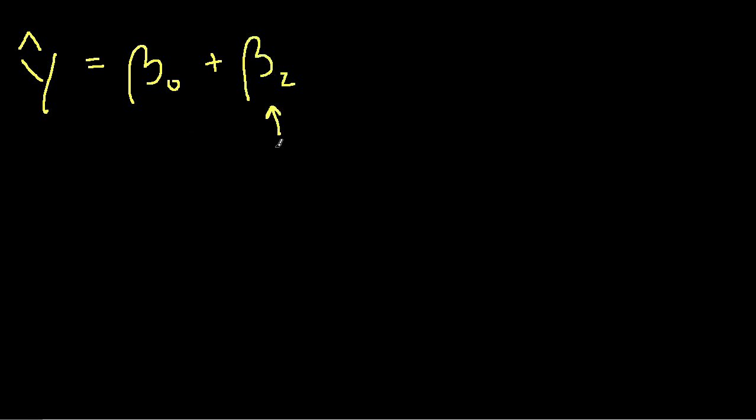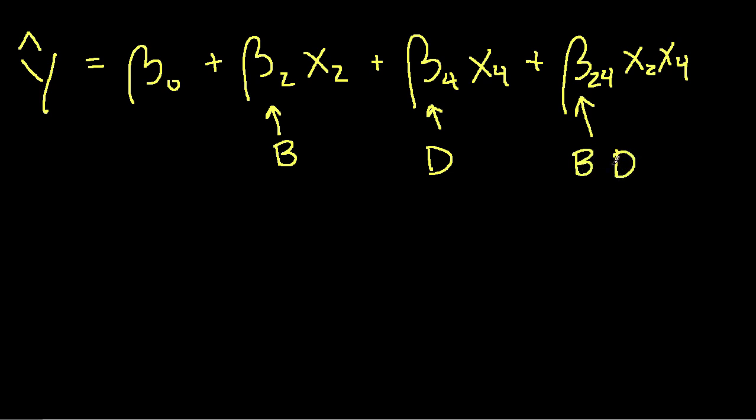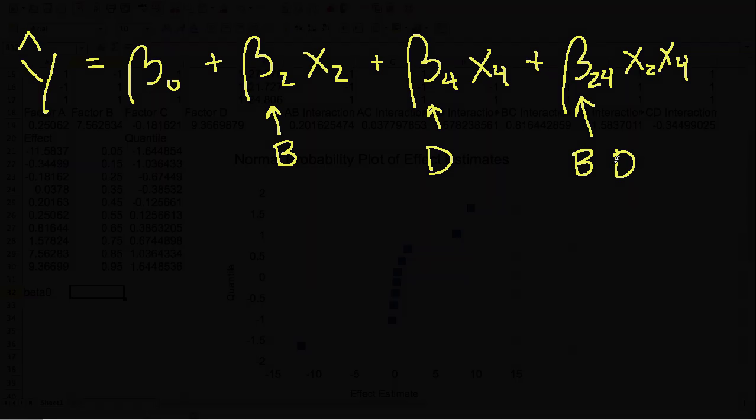For this problem, the linear regression model would have the following form: y hat = beta 0 + beta 2 x2, where beta 2 corresponds to the effect for factor B, plus beta 4 x4, where beta 4 corresponds to the effect for factor D, plus beta 24 x2 x4, where beta 24 corresponds to the interaction effect between B and D.